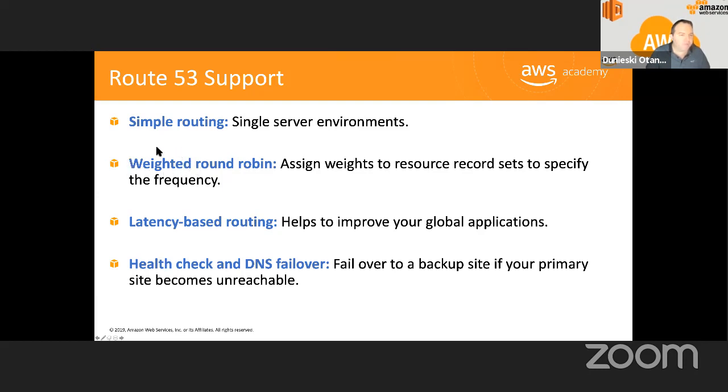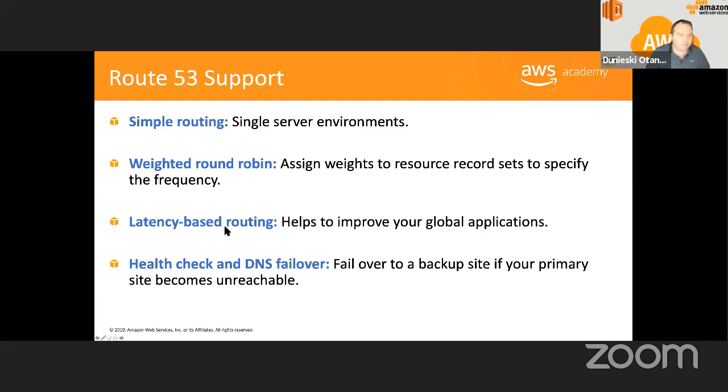So weighted round robin is very helpful when working with this deployment. Latency-based routing helps you improve your global applications. What does it tell you? Can you guess what it means?